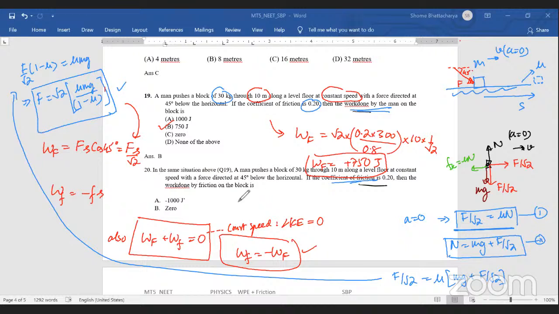And the second part, you have to calculate the work done by friction for the same displacement of 10 meters. You don't need to sit and calculate this again. You can just use this concept. The work done by friction for the 10-meter displacement has to be minus 750 joules, because the net work done has to be 0. That's why I said that you can do this question directly making use of the 19th question. Hope this is clear. Just go through it carefully.